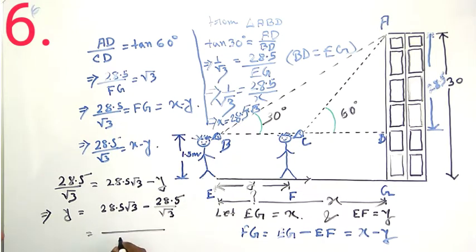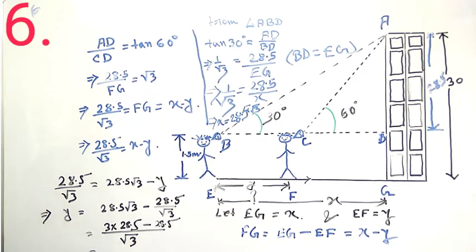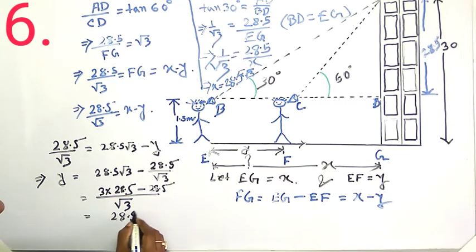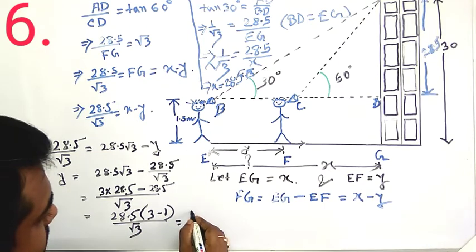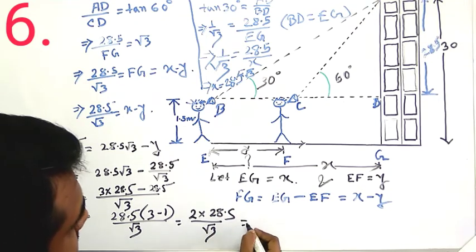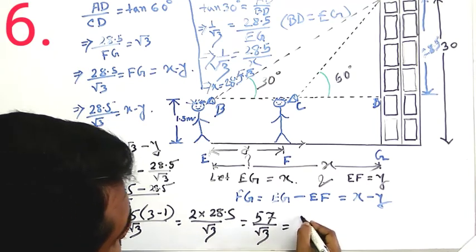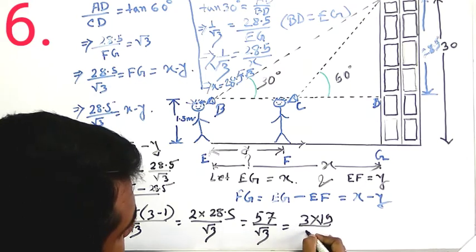Taking the LCM, which is root 3, we get 3 into 28.5 minus 28.5, so taking 28.5 common, 3 minus 1 by root 3 equals 2 into 28.5 by root 3, which is 57 by root 3, equals 3 into 19 by root 3.